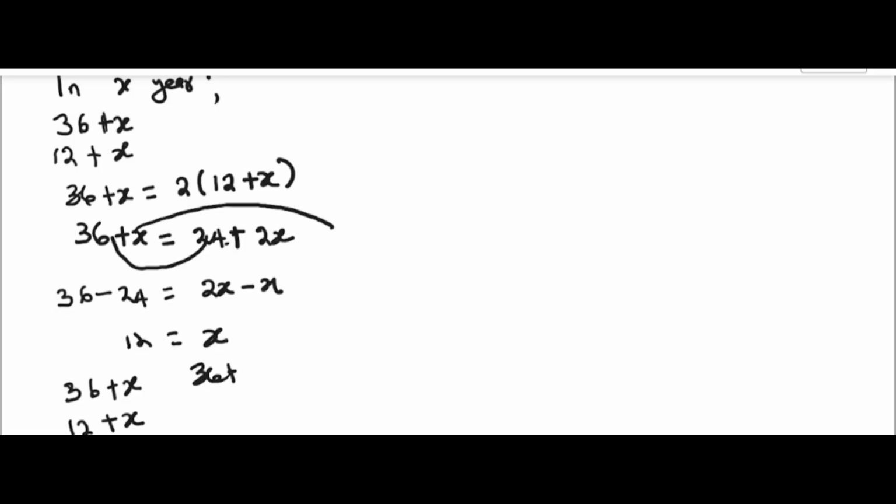So when the mother is 48 years, how old do you think the daughter will be? 12 plus 12, which is 24. And then if you multiply 24 by 2, it will give you 48. Oh, that means in 12 years' time, the mother will be twice the daughter's age, because the mother will be 48 and the daughter will be 24.